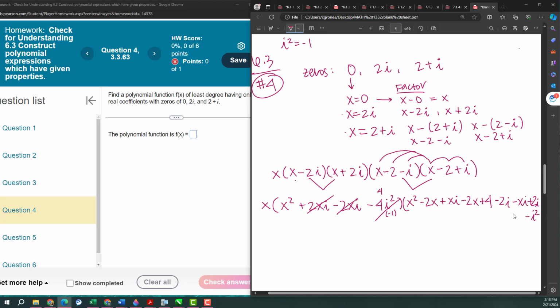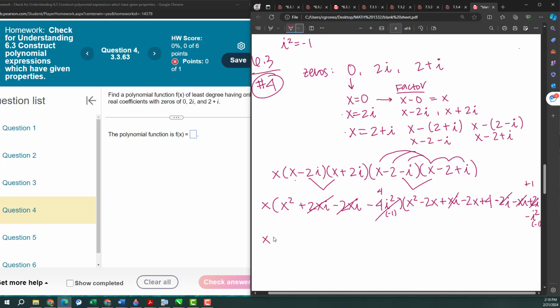So again, we have stuff that we are canceling out. I have xi and negative xi that are going to cancel. I've got negative 2i with positive 2i. And then our i squared is a negative 1, so it's a double negative. So we end up with the positive 1, so plus 1. So let me rewrite this.